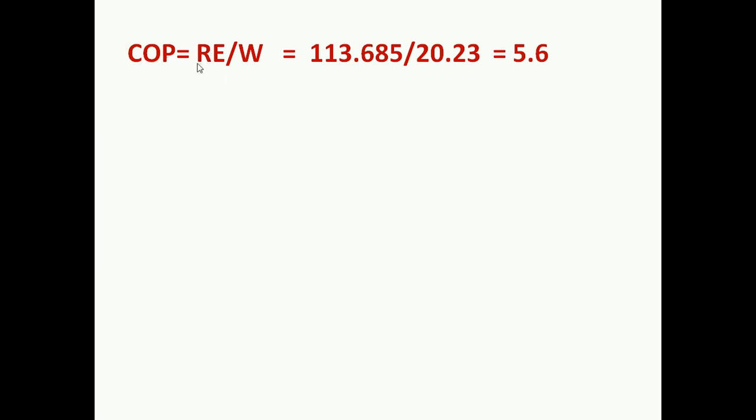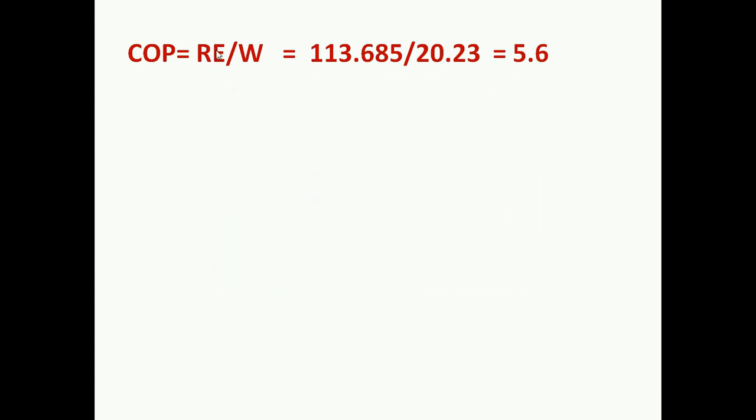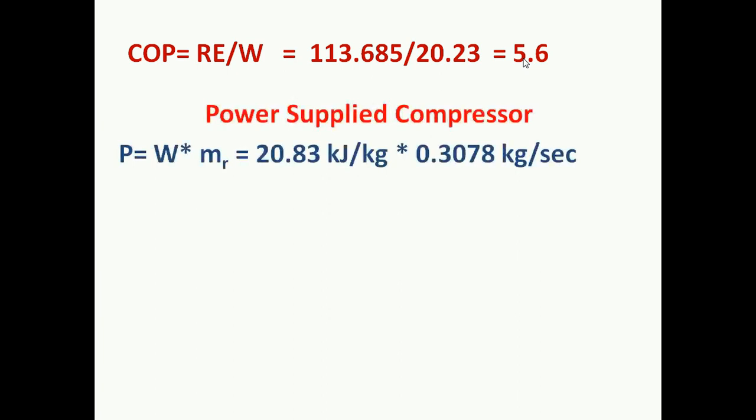Next, you know very well, according to our class statement and the diagram, COP is equal to refrigeration effect divided by W, that is the amount of work supplied. What is the refrigeration effect? Amount of heat energy absorbed in the evaporator. Therefore amount of heat energy absorbed in the evaporator divided by this one. Both should be in the same unit, so you will get 5.6, that is the COP of the refrigerant. Power required is the mass of the refrigerant flow multiplied by work supplied.